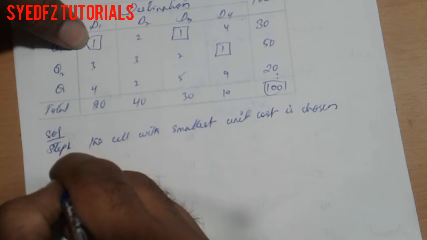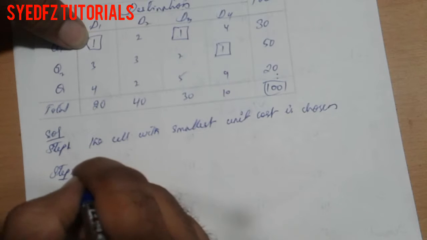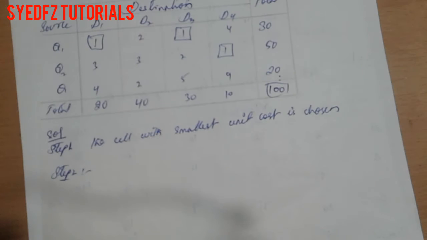Step 2: there are three cells with that cost. The cell with maximum allocation among the least cost cells is chosen.